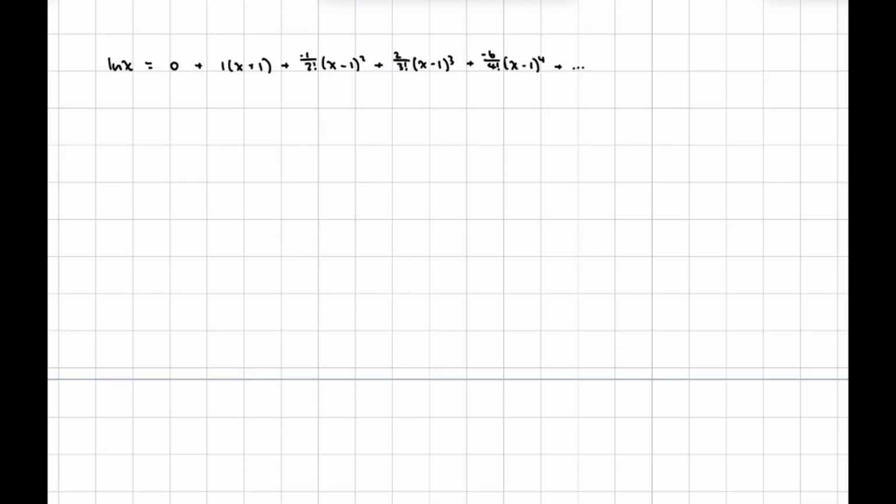Now we can substitute these values back into the formula. Then you just simplify each term, and this is the Taylor series. You can also write this as a summation, which shows the general pattern.